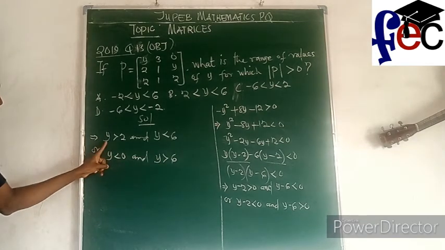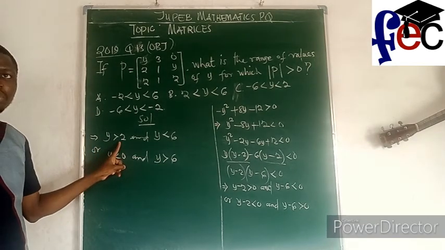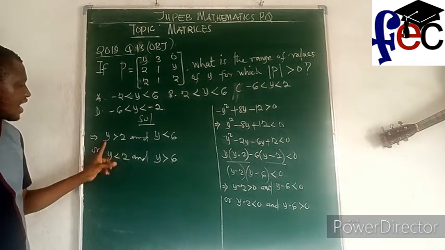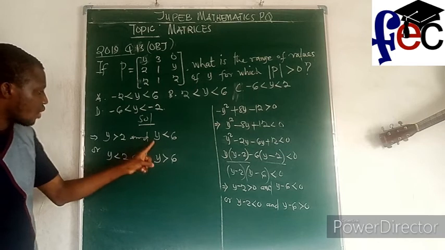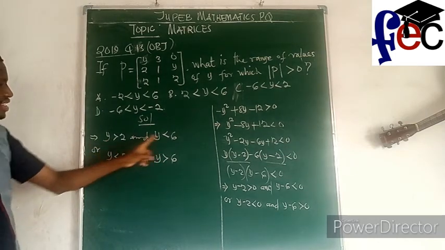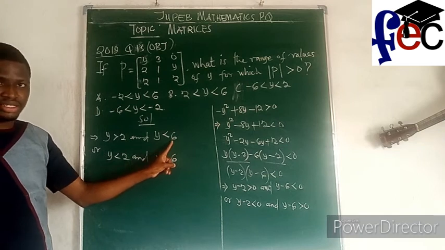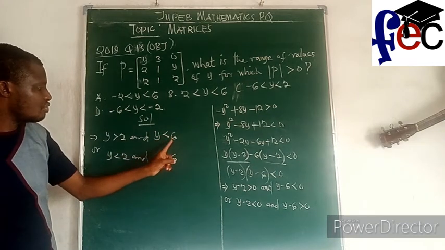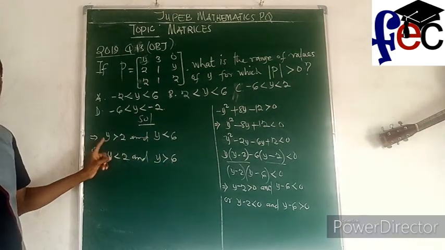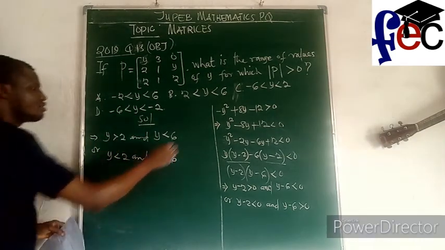Is it possible that y is greater than 2 and y is less than 6? If you pick any value here, 3, is it less than 6? Yes. If you pick 5, is it greater than 2? Yes. So this will be true.